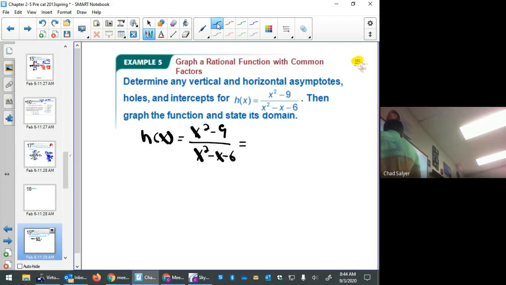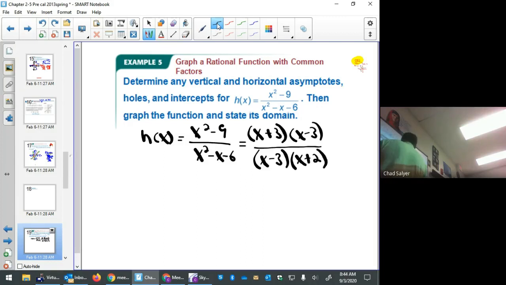But we're using a factorization shortcut here, and that is the difference of squares shortcut, which tells me that's x plus 3 times x minus 3. And down here, I need two numbers that add up to -1, multiply together to make -6. That's going to be x minus 3 and x plus 2.